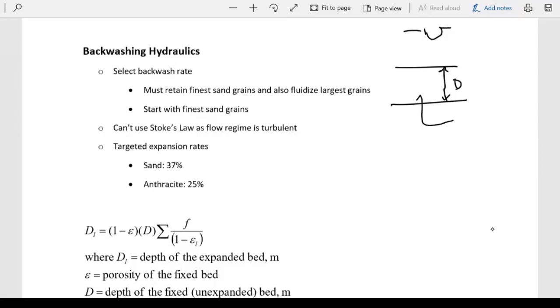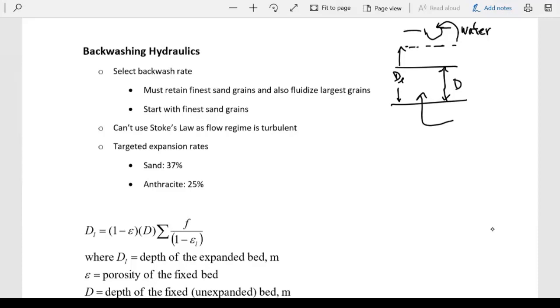So when we backwash, we expand the bed. So we have depth of the expanded bed. We need to make sure that we don't lose the finest sand grains. We want the water to flow into the trough, but we don't want the sand to flow into the trough.